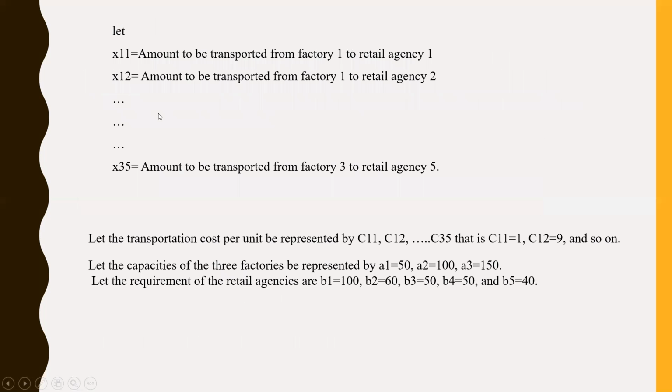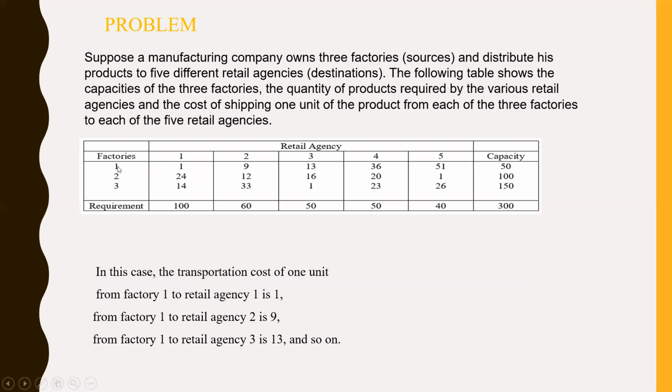26. Then a transportation problem can be formulated as a linear programming problem using variables with two subscripts, where x11 will be the amount which should be transported from factory 1 to retail agency 1, x12 will be the amount to be transported from factory 1 to retail agency 2, and x13 will be the amount which has to be transported from factory 1 to retail agency 3.